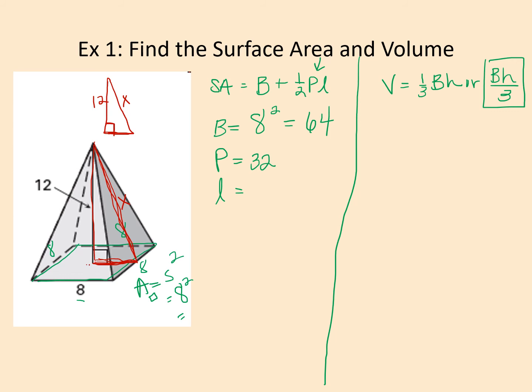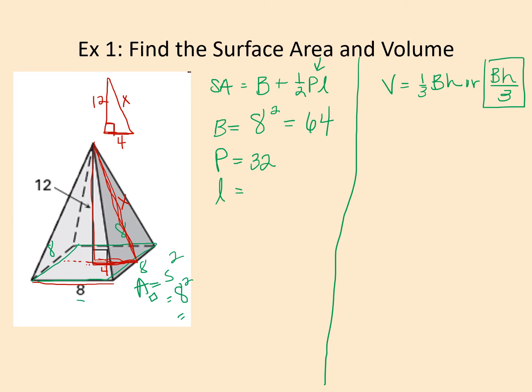If I fully extended that across here, we'd be talking about the whole length of a side of this square. So this whole side would be 8. Now again, this height is going to the center, so this should be cut in half, meaning that this bottom part of my triangle, since the whole side length is 8, is actually 4. So here I have a triangle that I've created, and this is some side work so I can help figure out that slant height. Now I have a triangle with two sides.